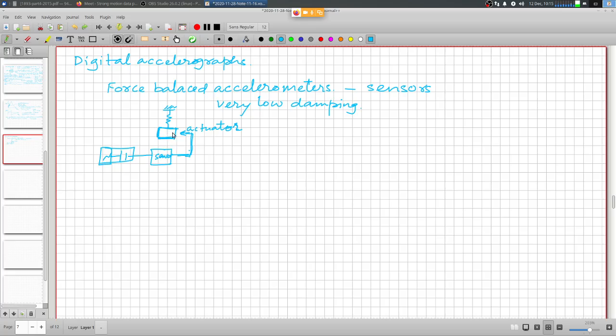So we put exactly the opposite force on the inertial mass, so that it is held in position, right?